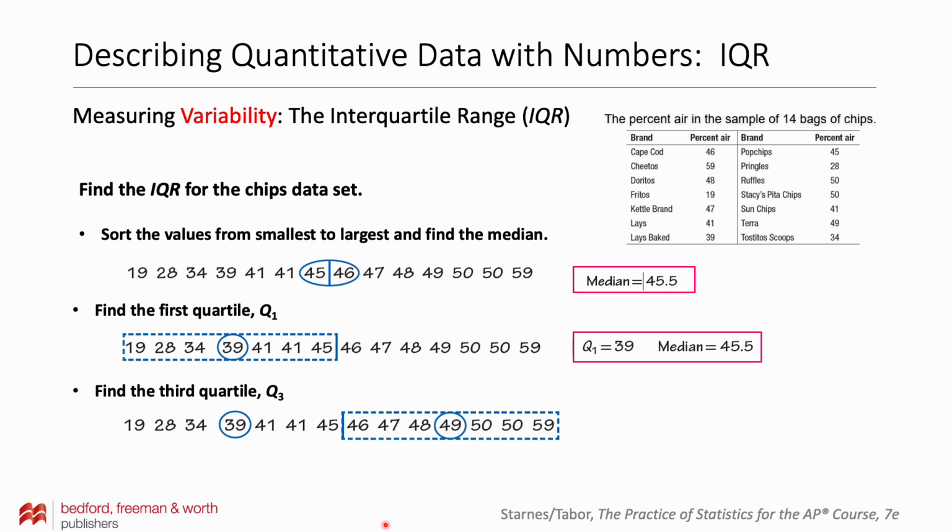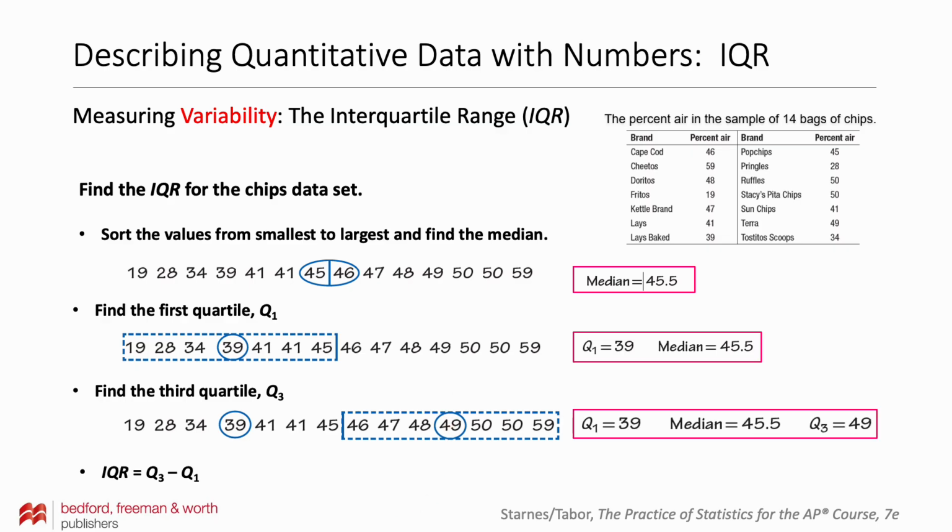Then we're going to do it with the upper data and find the middle, which is 49. So to find the IQR, we're going to do Q3 minus Q1, and we end up with 10%.